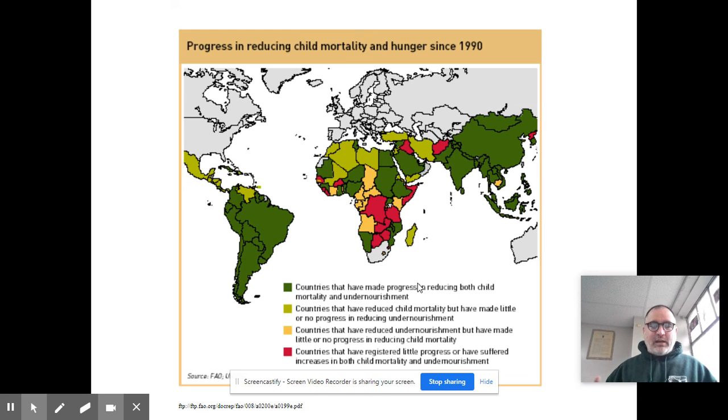Again, here's a map of child mortality, but you can see these green countries are countries that are making progress on this goal already. The red ones are countries that have made little progress or have suffered increases in both child mortality and undernourishment.